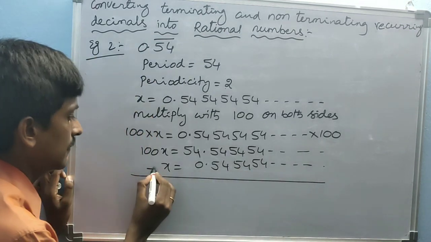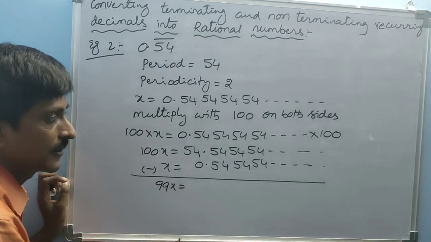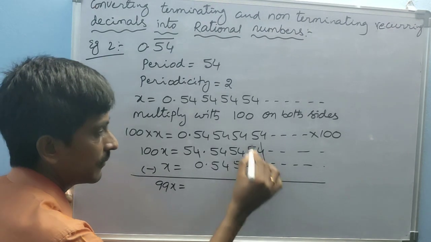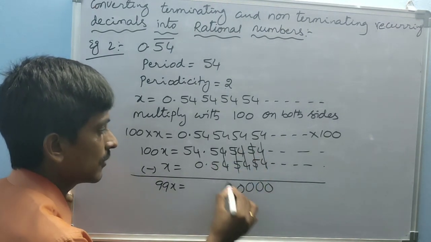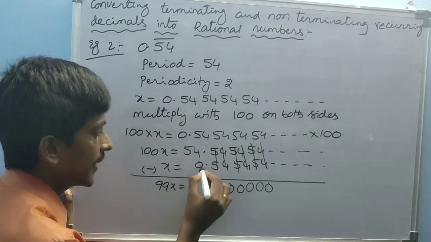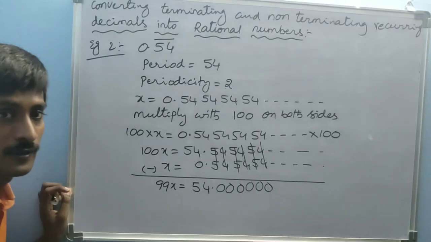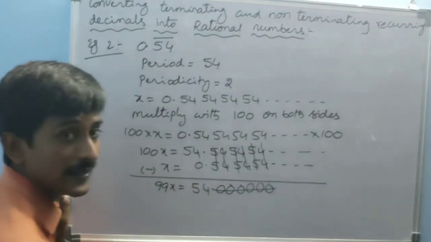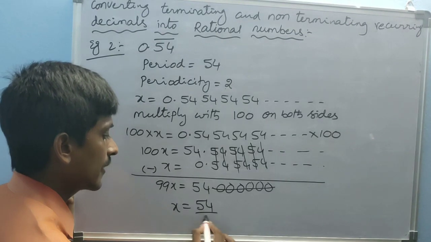Subtract: 100x minus 1x is 99x. 4 minus 4 is 0, 5 minus 5 is 0, 4 minus 4 is 0, 5 minus 5 is 0, 4 minus 0 is 4, 5, so 54. So, after the decimal, x equals 54 by 99.